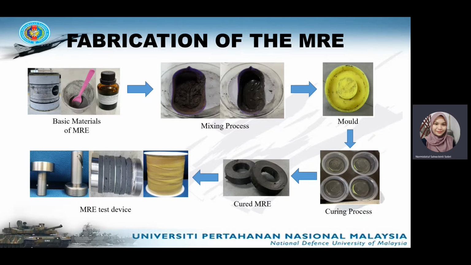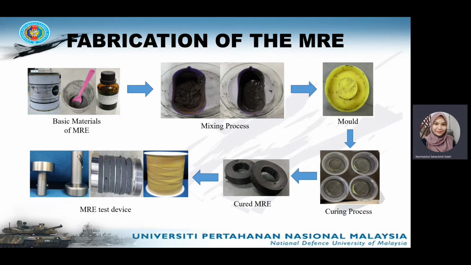So my study starts with the fabrication of MRE. MRE has three main components. They are rubber, ferrous particle, and binder. In my study, I will be using varying compositions of ferrous particle, which are 50%, 60%, and 70%.